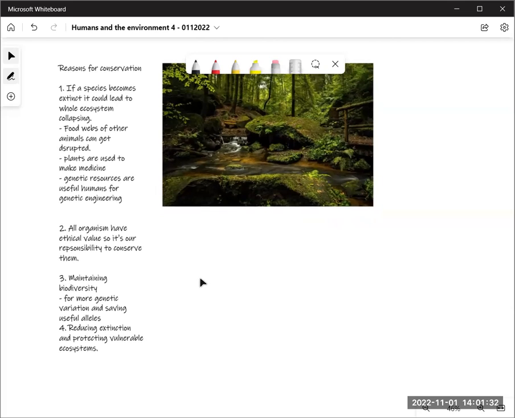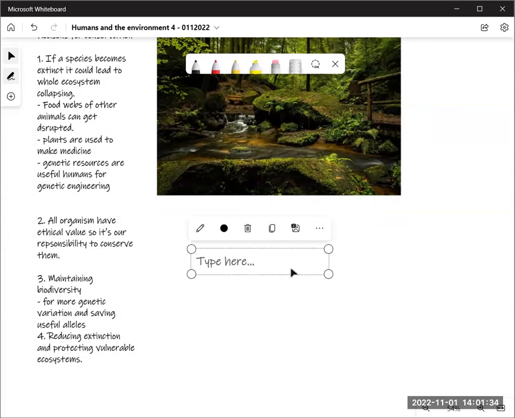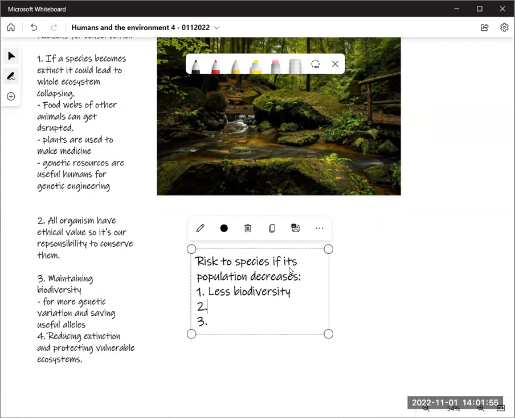Let's see. Write this in your notebook. Let's say risk to species if its population decreases. First reason, less biodiversity. And we know what is biodiversity. It's directly related to variation, genetic variation.